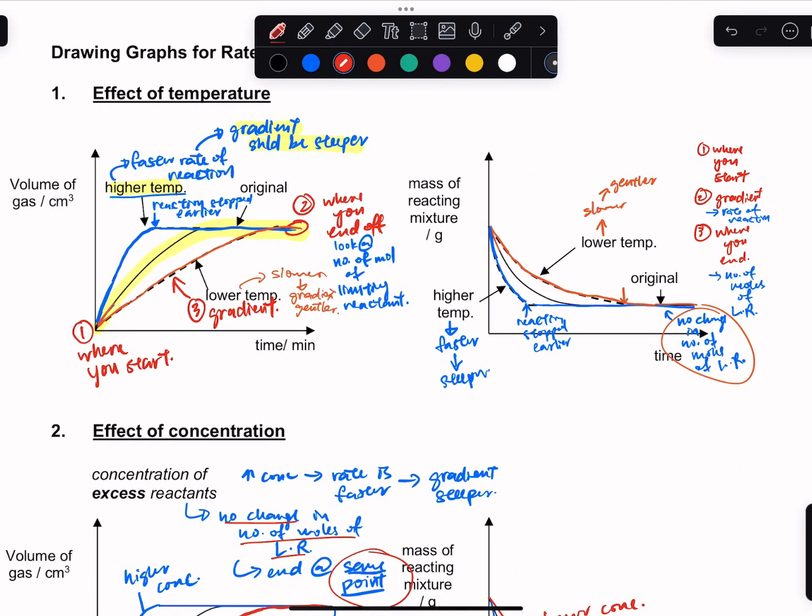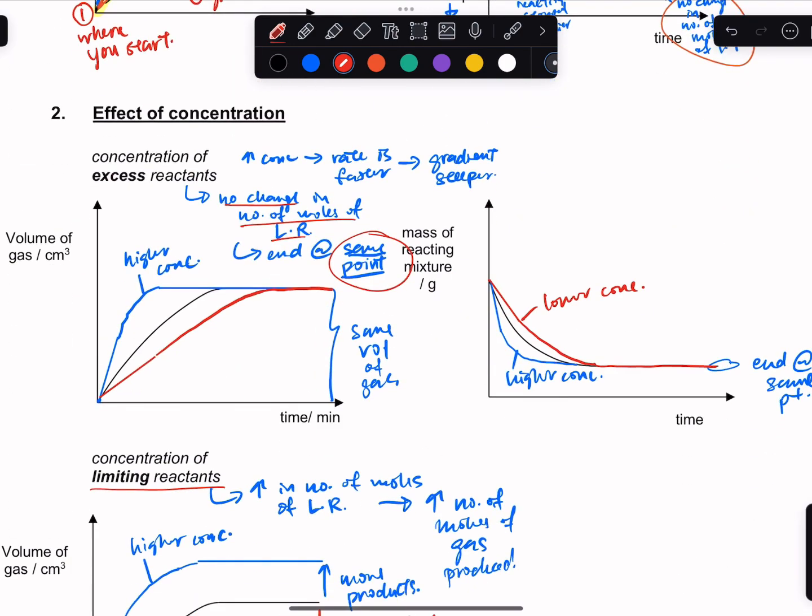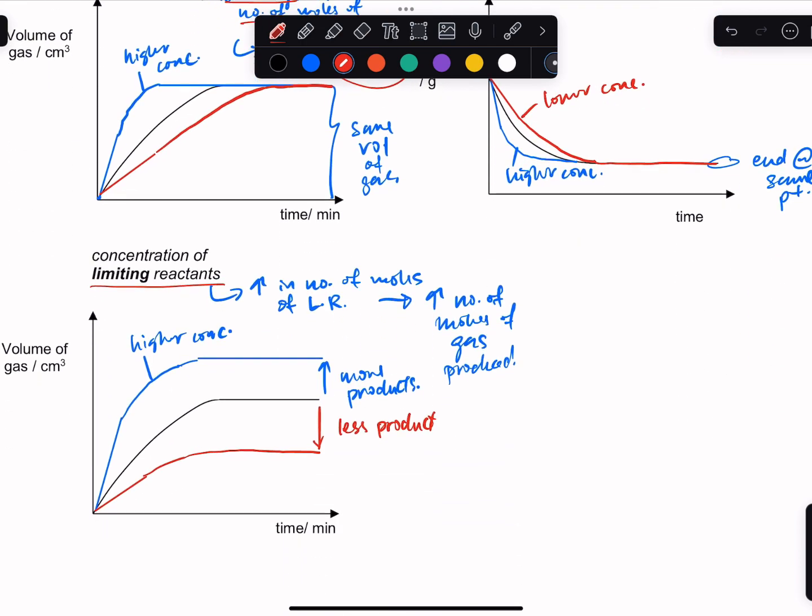Generally speaking, you can see that most of the graphs are similar. They should all end at the same point unless you have changed the concentration of your limiting reactant. Once the concentration of the limiting reactant is changed, you are changing the total number of moles of products that can be formed, and that will change the ending point of where your graph will plateau, of where your graph will flatten.